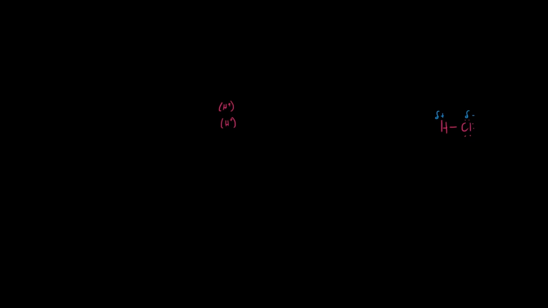So let's look at what that looks like in a closer look. So here we have HCl reacting with water. So HCl is going to act like our acid here. And the water is going to act like our base.